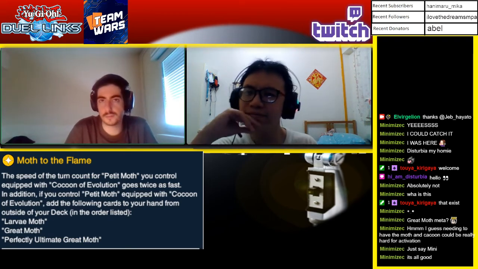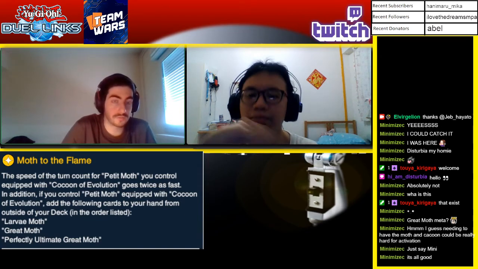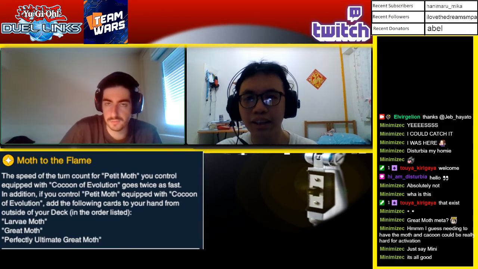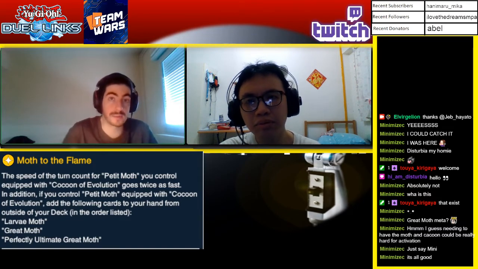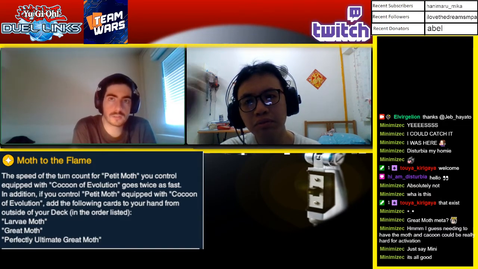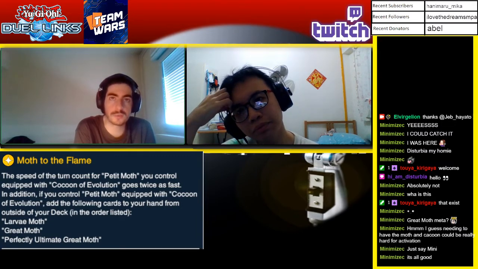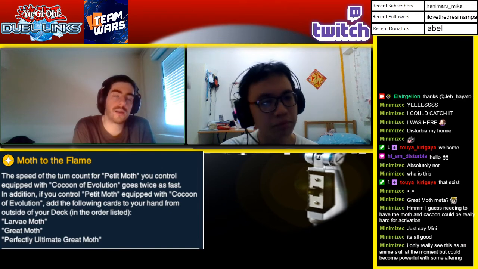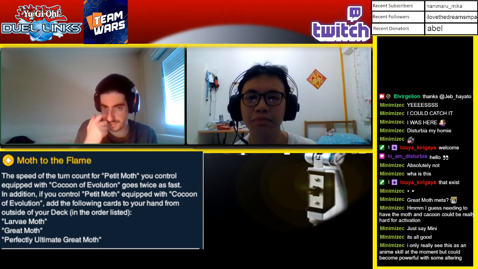So if Moth to the Flame told you that at the beginning of the duel or the start of your turn, you get a free Petit Moth on the field, you can use it for Tribute Summon, play with UA, and you have all the mechanics there. So if they ever want to implement that, they have to restrict it to only special summoning insect monsters. And I think that will be a way to play this skill. But I don't think that's the intended way either.